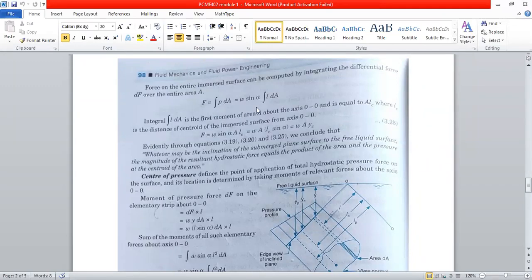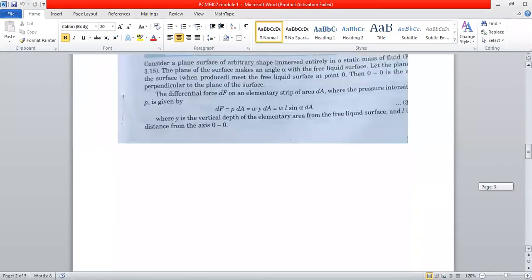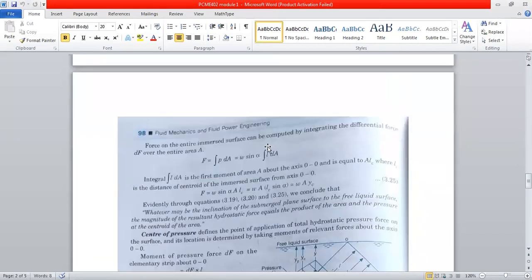So here P equals W sin alpha into L. Here W is constant and sin alpha is also constant, because alpha is constant, the angle is constant.